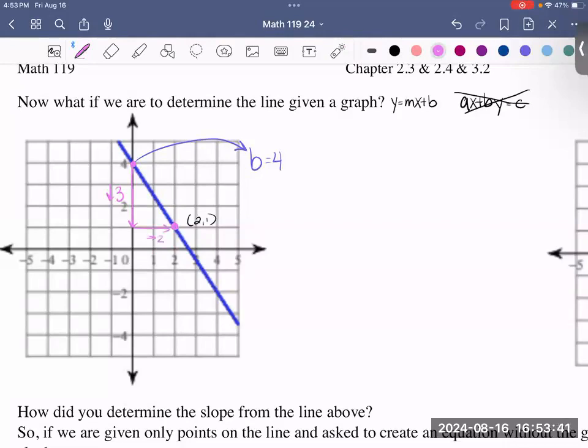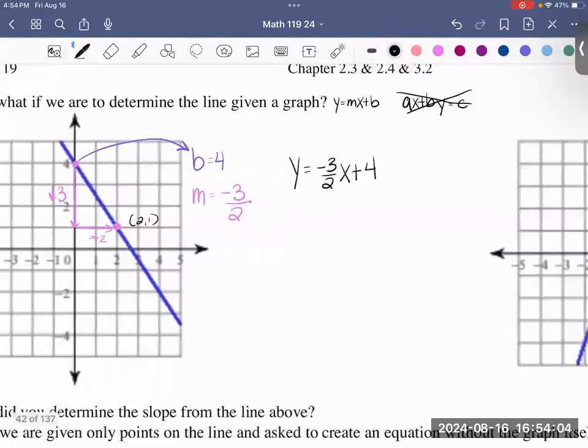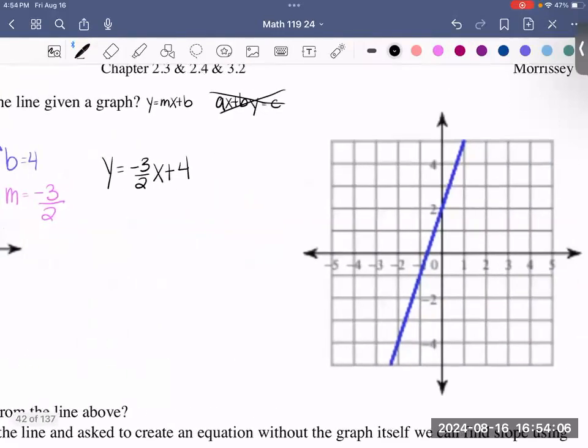So how does that translate into your slope? Well, we went down 3, so that must mean we have a negative 3 over 2. So then what does that mean for your equation? So your equation, y equals mx plus b, your m we already found, and b is your y-intercept.